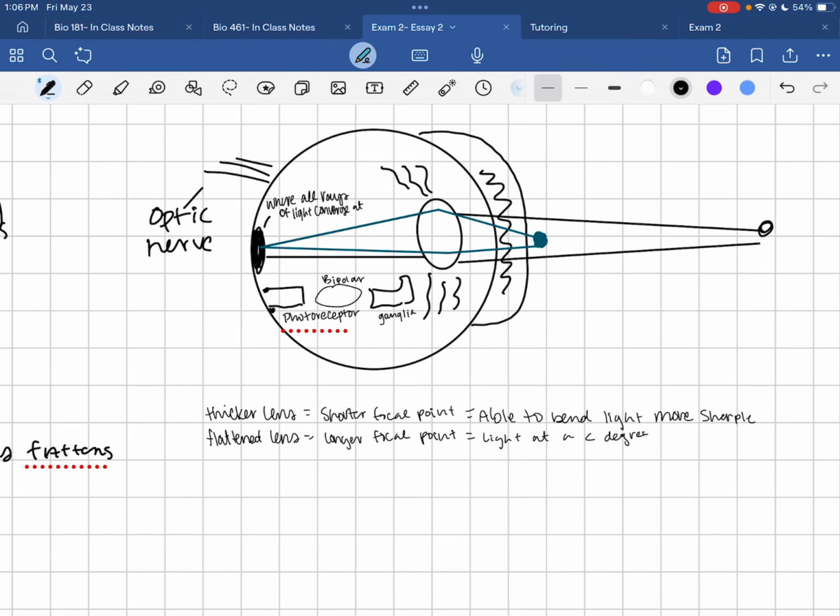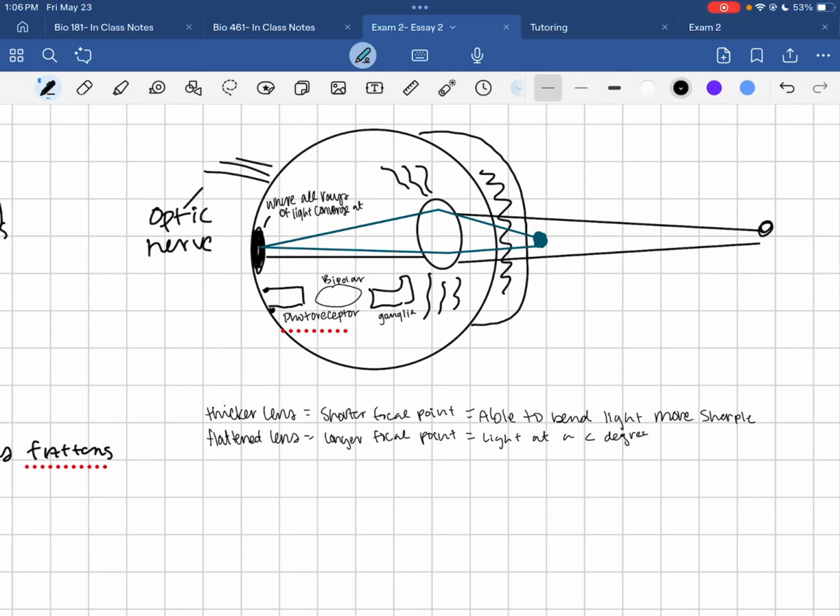So the far point of vision is the closest distance at which the lens doesn't have to thicken in order to properly focus on the object. The lens can see normally at 20 feet.